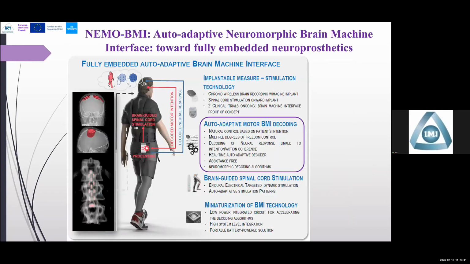So I'm going to the project. Yesterday, Professor Gabrovsky said something about this project. We are partners. The coordinator is from France, Grenoble, and Professor Gabrovsky showed results from a group in Switzerland.